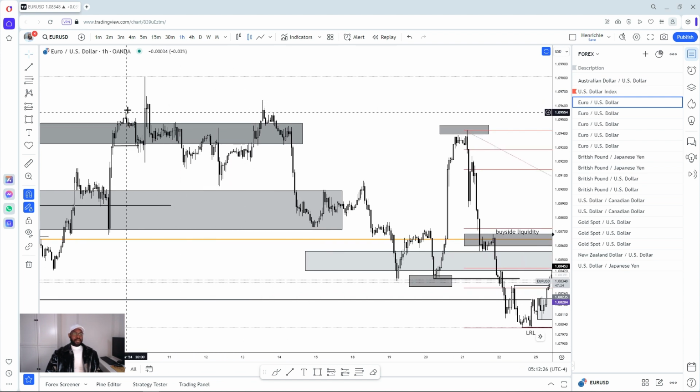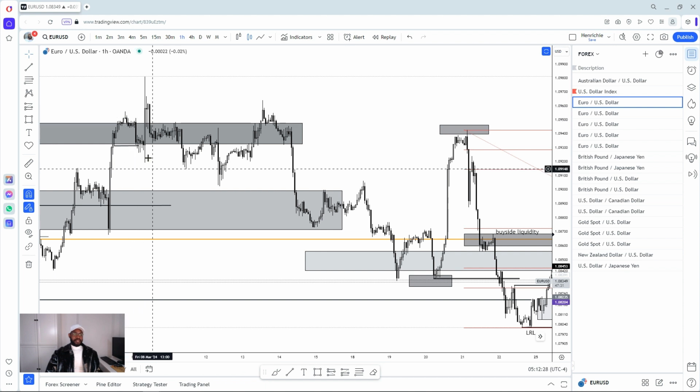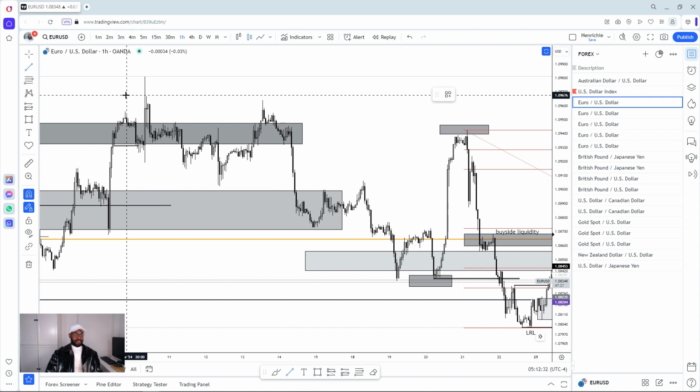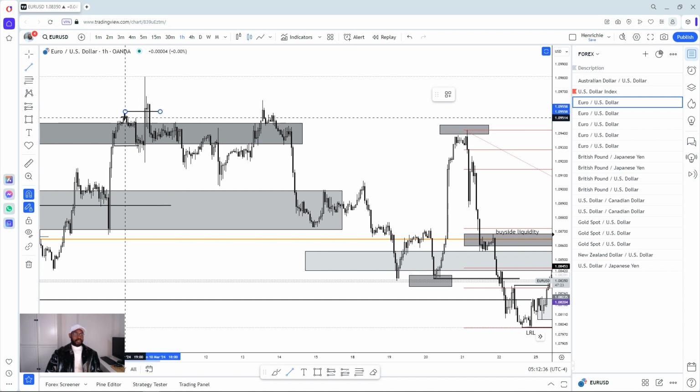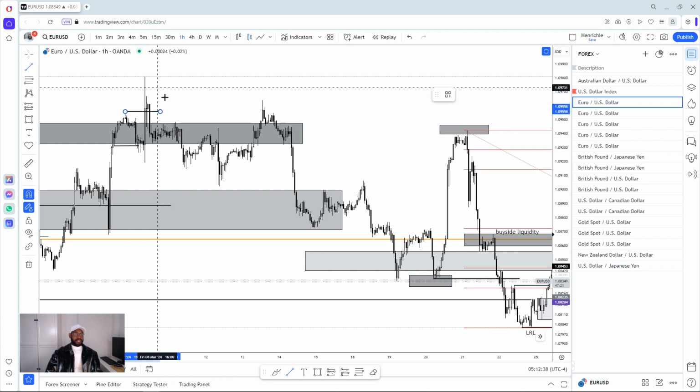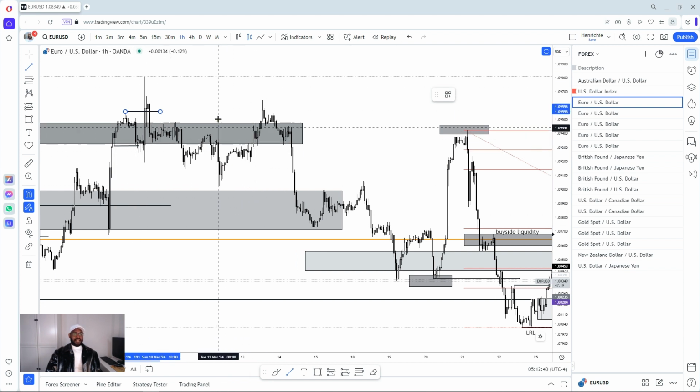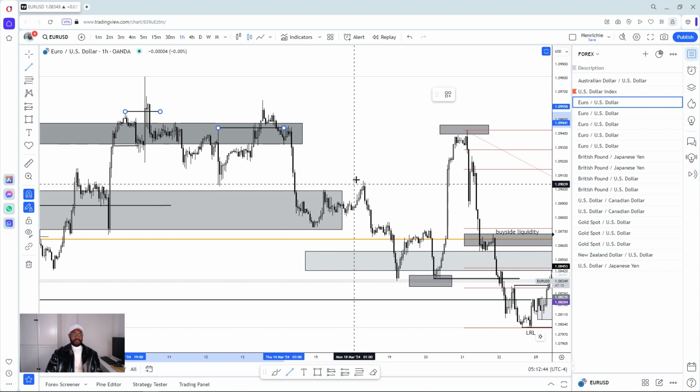For example, right here, this is liquidity. We took liquidity right here. We're just gonna back test this, and you can see that literally almost every time we see a drop, price rallied, took liquidity, dropped, rallied, took liquidity, dropped.